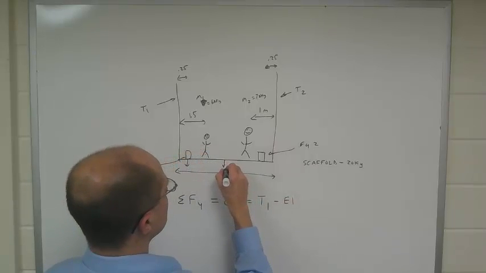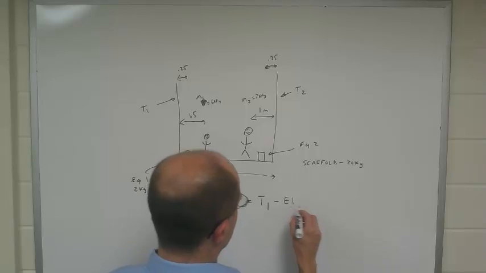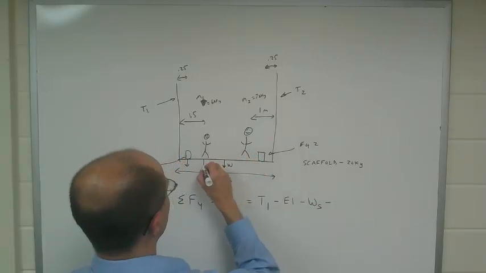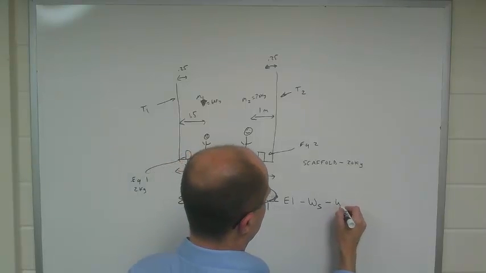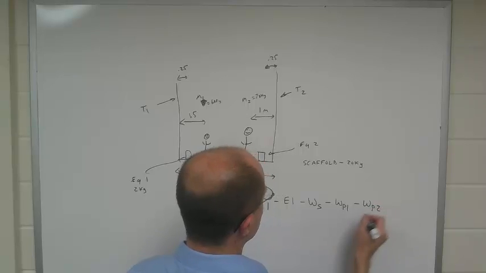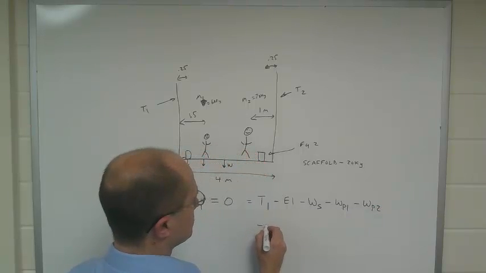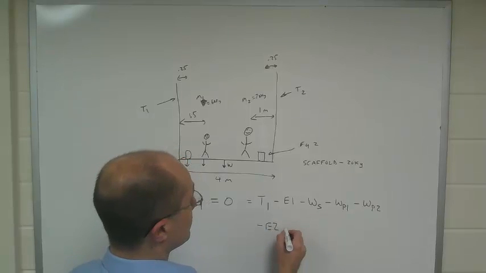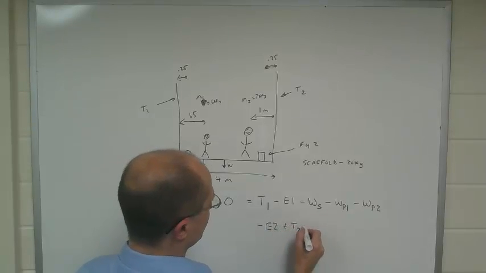We have the weight of the scaffolding itself, minus the weight of the scaffolding, minus the weight of person 1, minus the weight of person 2, minus the weight of equipment 2, plus tension 2.